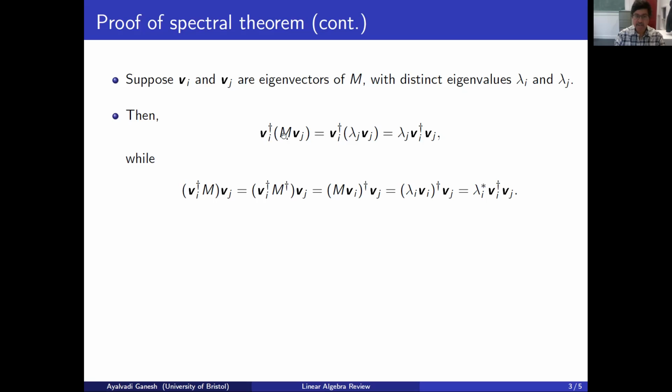First we multiply M Vj, that gives a column vector, and multiply that by this row vector. Well, that gives us Vi dagger M Vj. Vj is an eigenvector of M with eigenvalue lambda j, so M Vj is just lambda j Vj. And again, scalars commute with matrix multiplication, so this is lambda j times Vi dagger Vj.